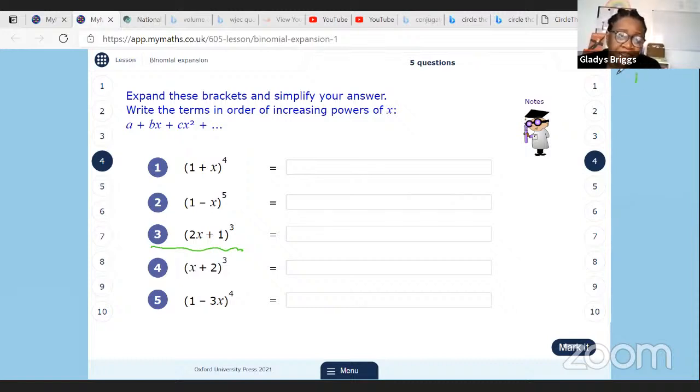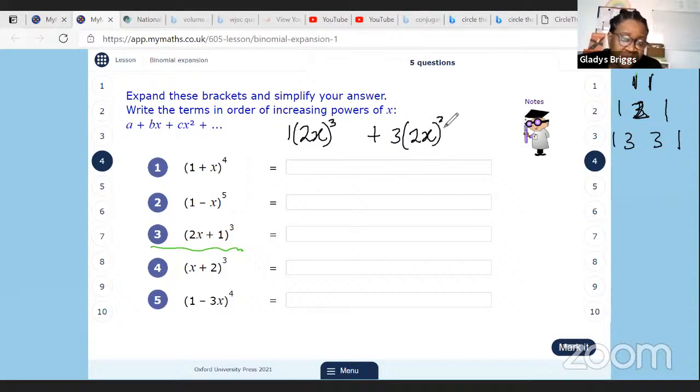1 1, 1 3 2 1 1 3 3 1. Yeah. So you should start off with 1 times 2x to the power of 3 plus 3 times 2x to the power of 2 plus 3 times 2x to the power of 1 plus 1 times 2x to the power of 0.